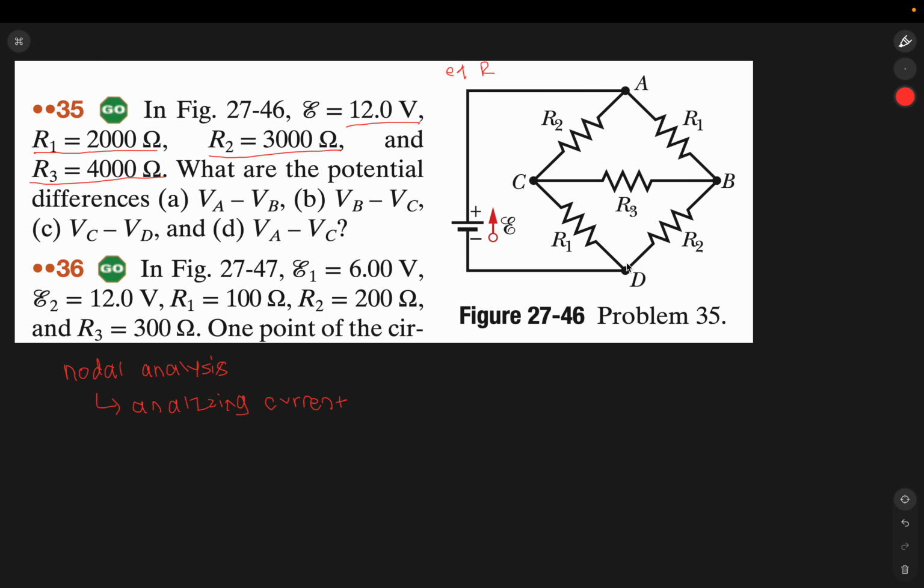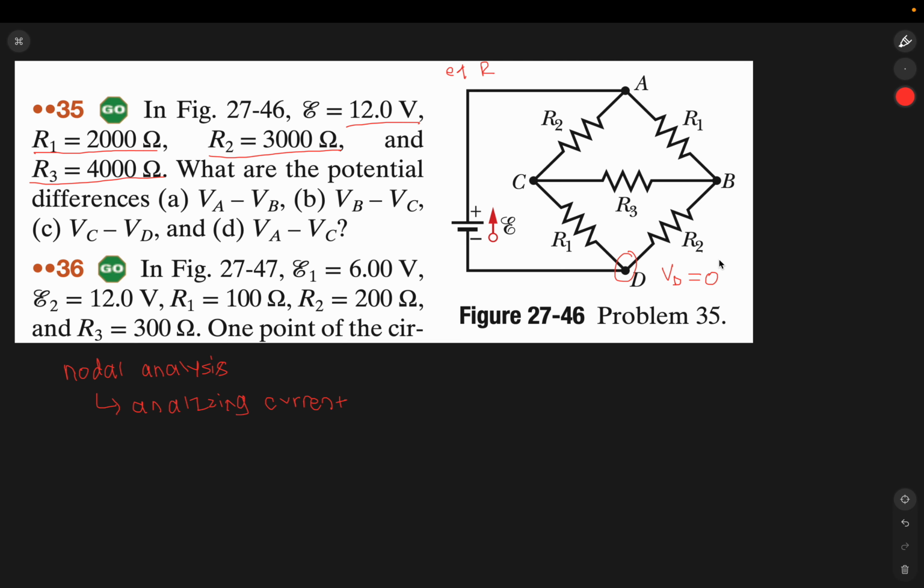In order to do this, we need to first designate one of our junction points as a reference junction, or a reference node, and we're going to set that reference node to have a voltage of 0. The most logical choice for the reference node is going to be point D, and the voltage at that point we're going to set to 0. So why point D?